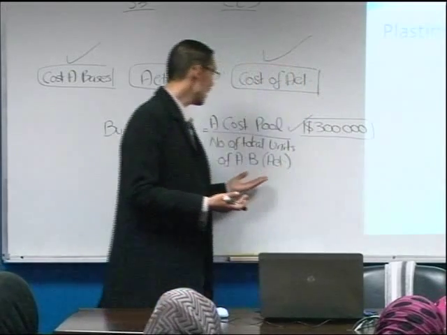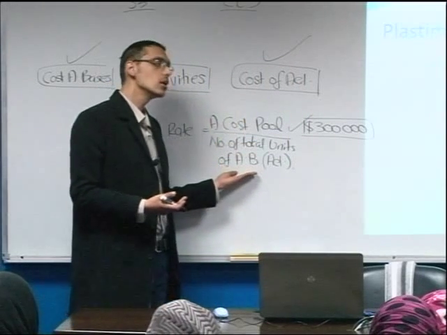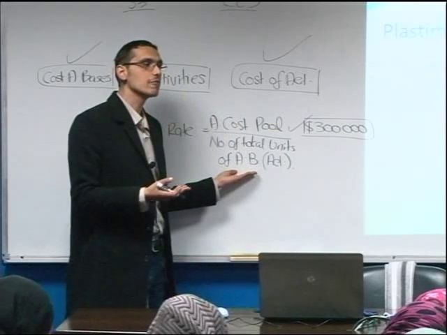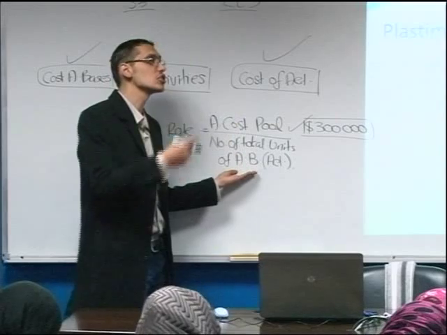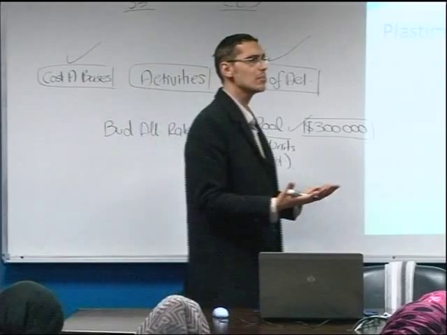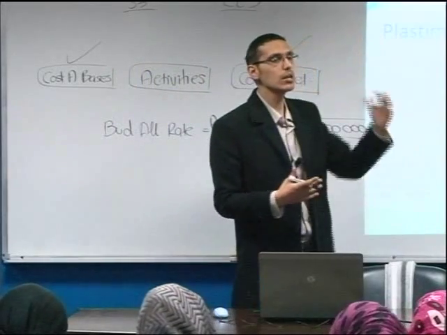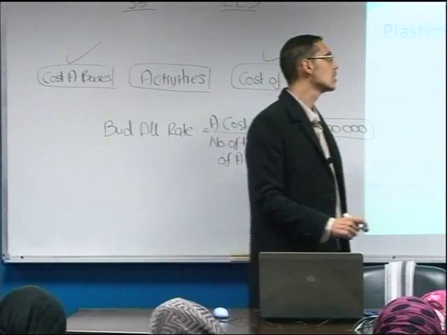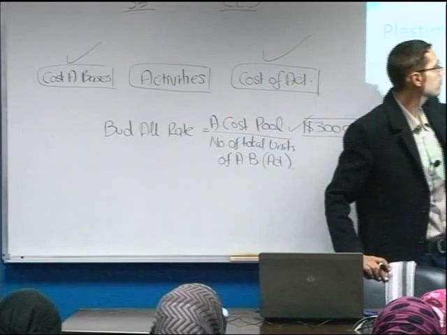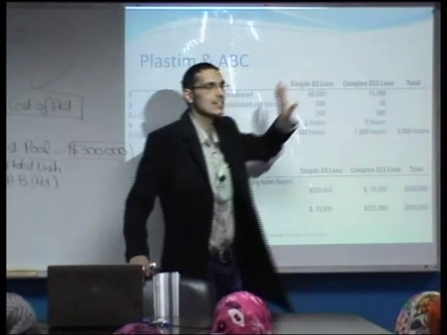Now, after determining the activity cost pool, we need to determine the total number of units of the allocation base, which is in this case the setup hours. They gave us some information that we will use to calculate the total number of units of the allocation base. They gave us, of course, information for the simple lens S3 and the complex CL5 lens.